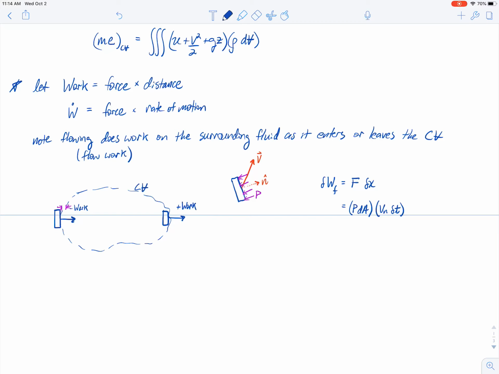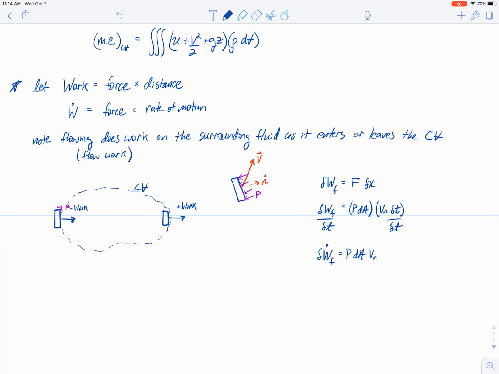And let's start trying to make this look like something we've seen before. Let's divide both sides by differential time. So now, on the left-hand side, I have the differential rate of work being done by the fluid. And on the right-hand side, I have pressure times differential area times the normal speed.